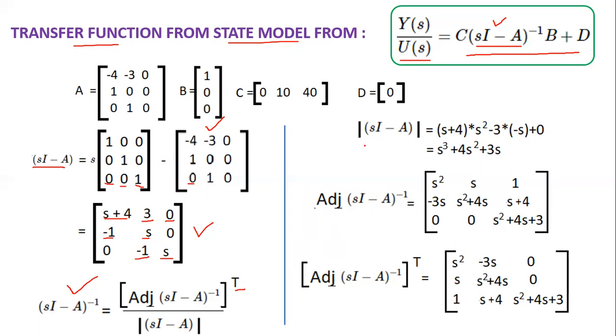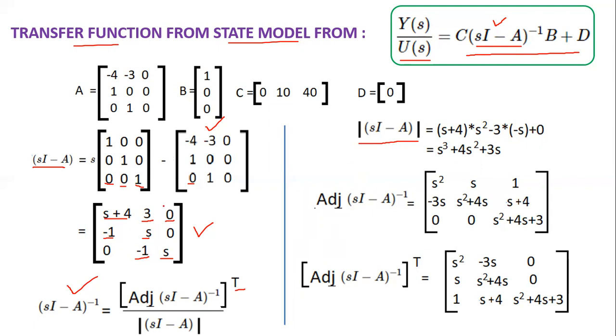So coming to the determinant of sI minus A, it means (s plus 4) into (AD minus BC). That means s into s minus 0. So (s plus 4) into (s square minus 3 into minus 1 into s, remaining is 0), so minus 3 into minus s.